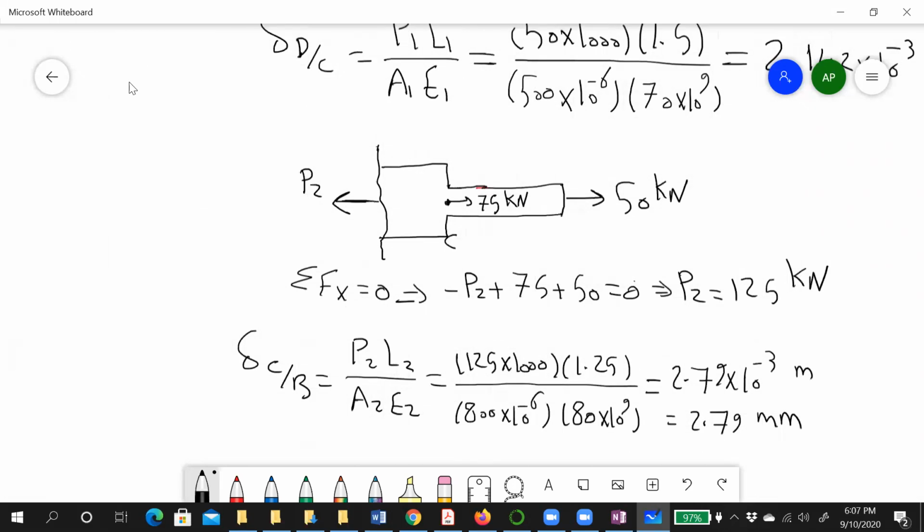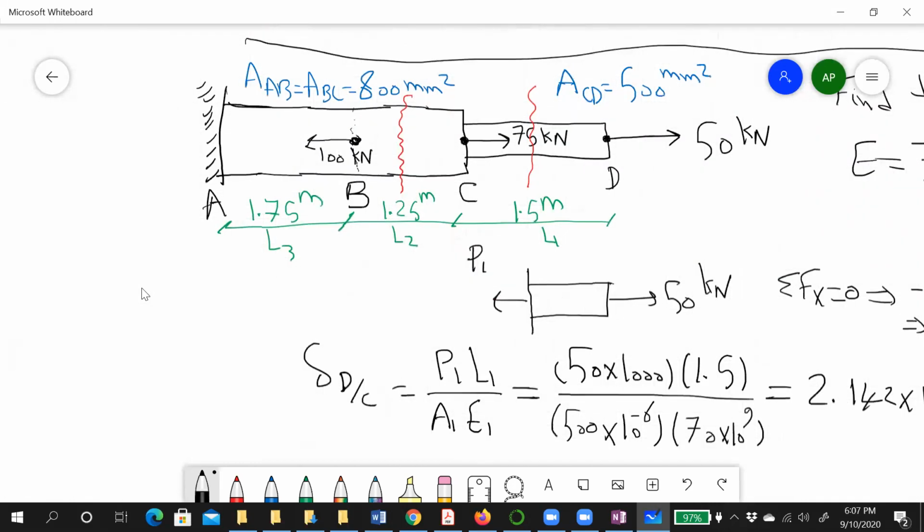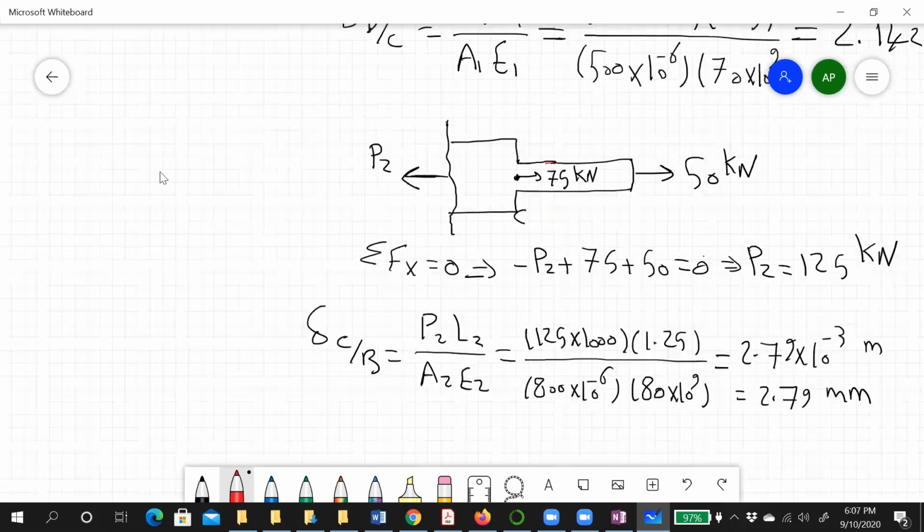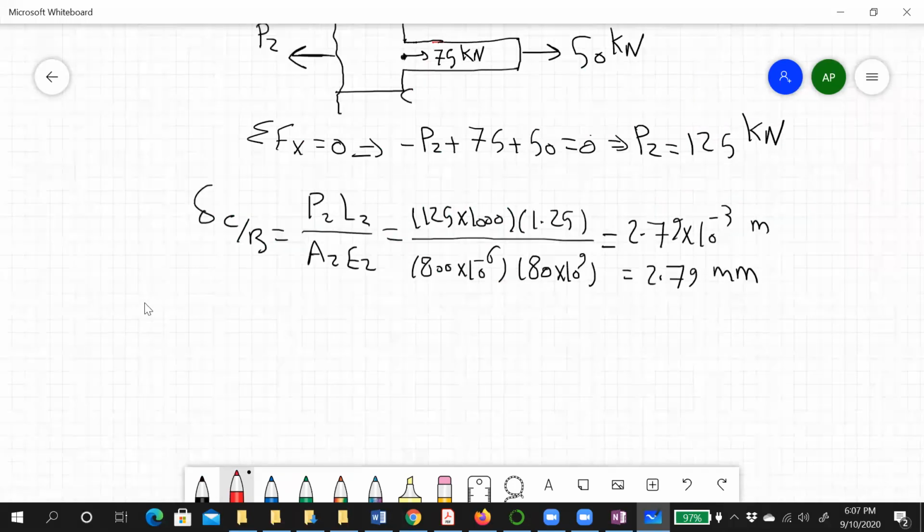So let's go to the last segment. Last segment, then first statics. Just make a section somewhere between B and A. Let me sketch the drawing.